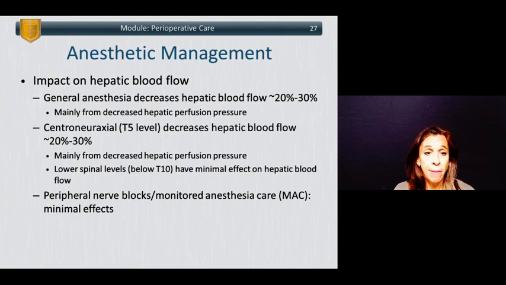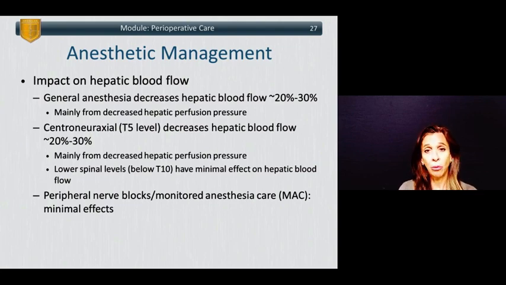So anesthetic management has an impact on hepatic blood flow. General anesthesia typically decreases hepatic blood flow by about 20 to 30%, and this is mainly due to decreased hepatic perfusion pressure and is directly related to arterial blood pressures. Central neuraxial anesthesia, typically a T5 level or higher, decreases hepatic blood flow by about the same amount, 20 to 30%.